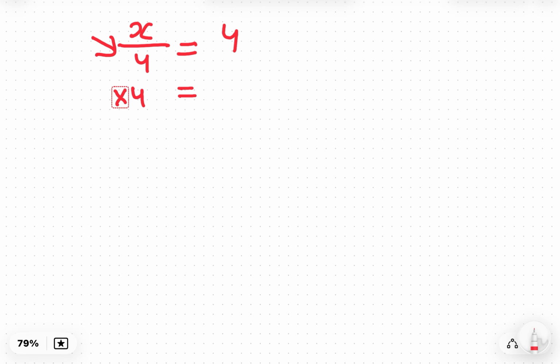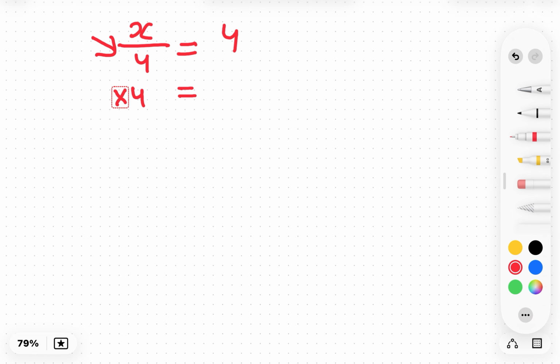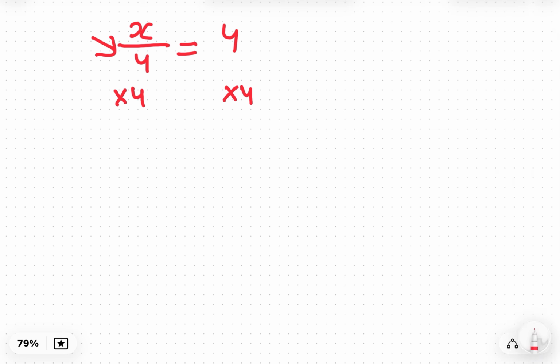And if something is divided to the variable, then you need to do the very inverse of it, which is multiplication. So you multiply it by 4. As you can see, 4 is divided to x, so you need to multiply both sides with the same amount, because you need to maintain the equation.